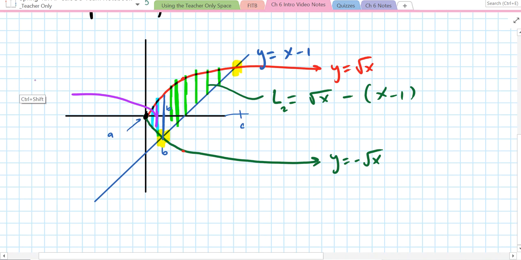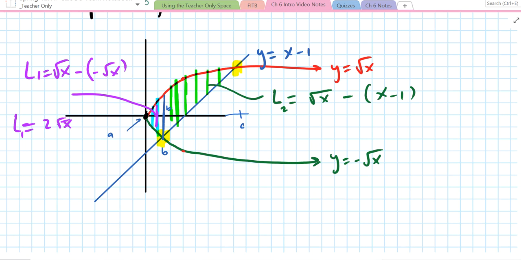Length 1 is equal to the upper curve, the square root of x, and the lower curve, so we're doing minus negative square root of x. When we simplify that, L1 is equal to 2 square root of x. And over here, L2 is equal to square root of x minus x plus 1. It's not pretty, but we can do it.